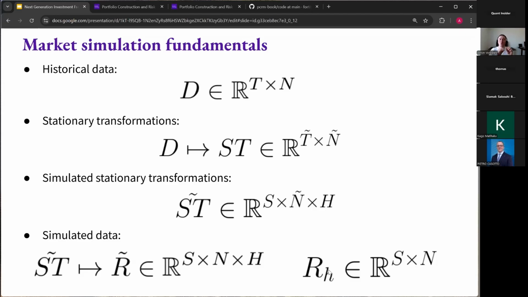But the thing is that when we have paths, we can actually make more interesting analysis than just buy and hold. So, for example, if we have a trend following strategy, we simulate some market variables, and then we can implement this trend following strategy and then look at how its return distributions are at some horizon, let's say 3 months into the future.